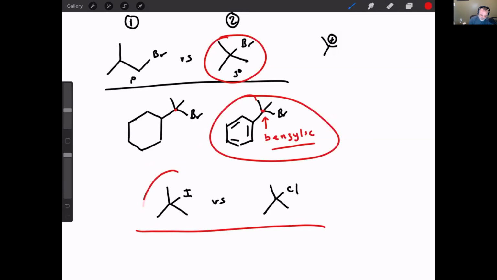If you remember from General Chemistry 1, iodine is larger, and the larger the resulting anion, the more stable it is. And the reason that it's more stable is because it's more polarizable. It has a larger degree of polarizability. That's the actual vocabulary word.